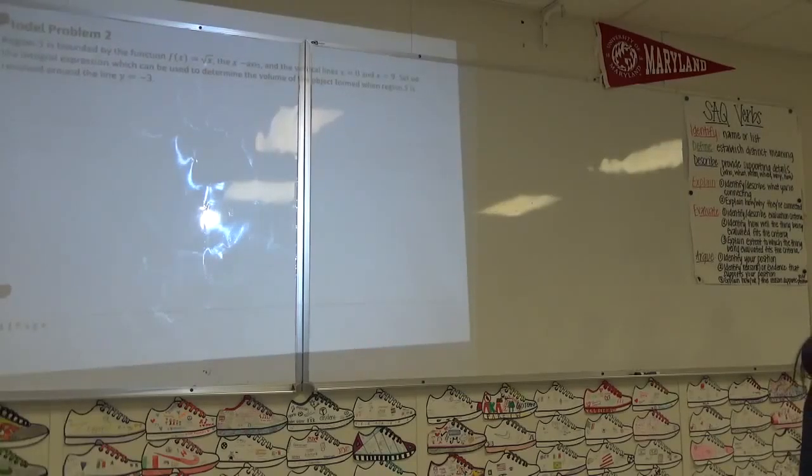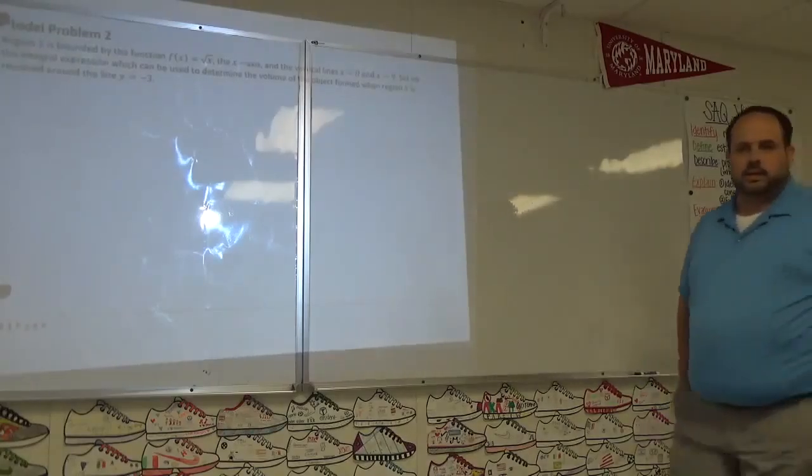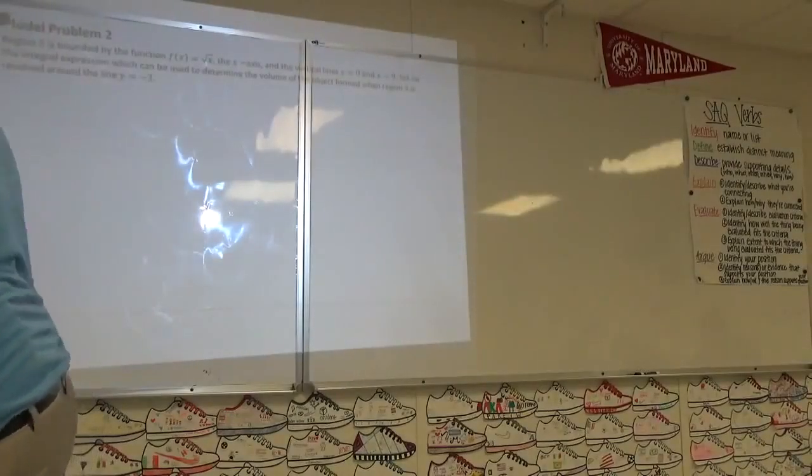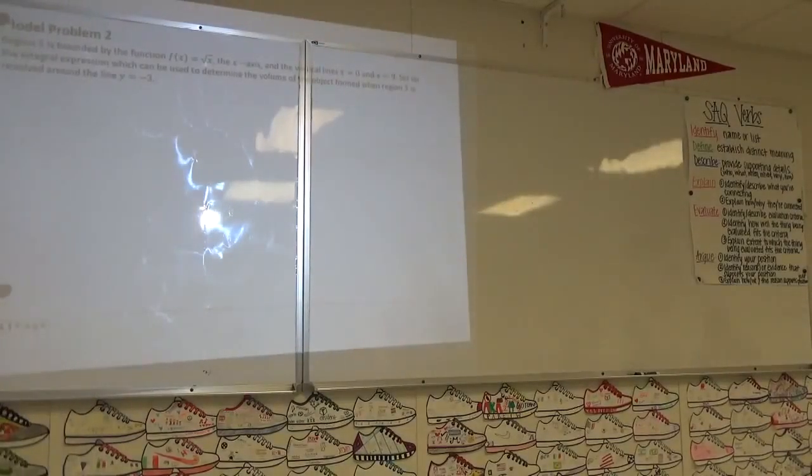Is it a negative? Is it a negative 3? I remember when we did the shoe. How do you remember the y-axis? Oh, is it only when the graph equals negative 3?